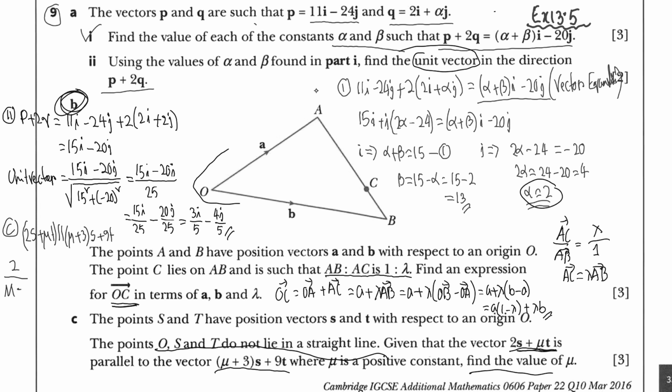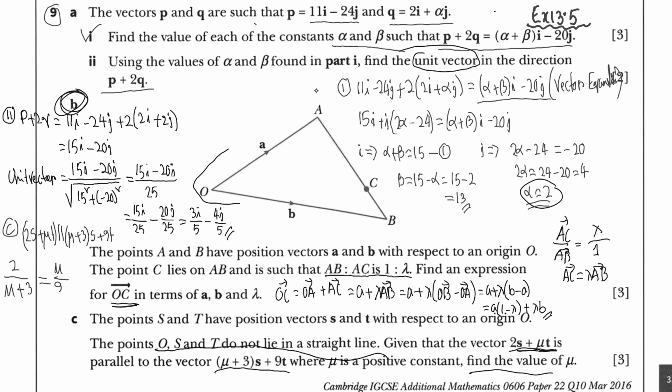This is equal to the ratio of the coefficients of t: in the first vector the coefficient of t is mu, and in the second vector it is 9.